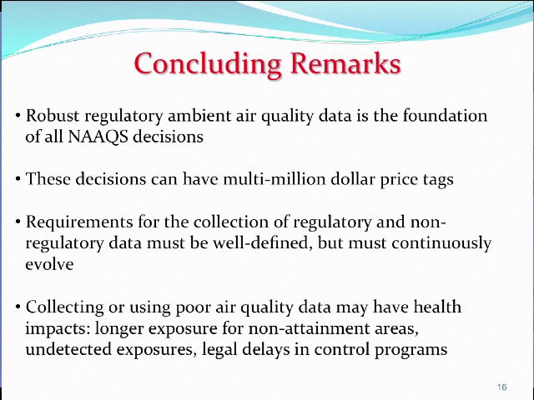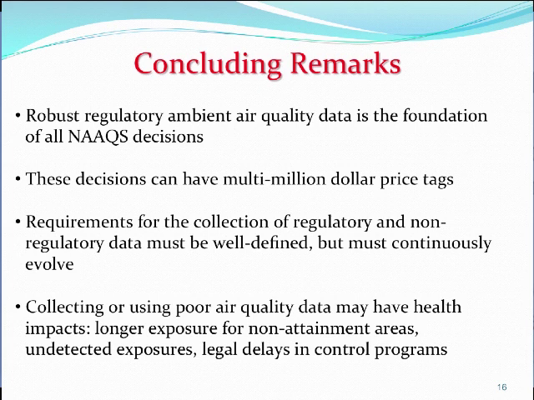And then the final thing is, we don't have a ton of examples, but it's theoretically possible that using poor air quality data or something being invalidated or validated based on a QA reason can actually have health impacts.